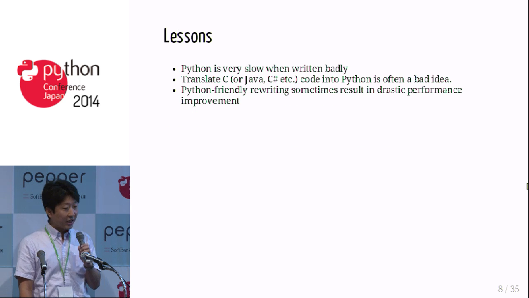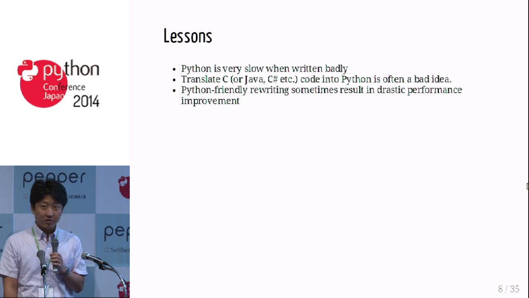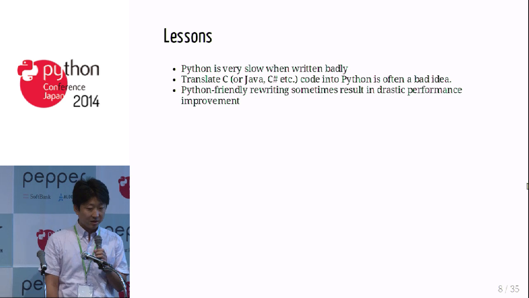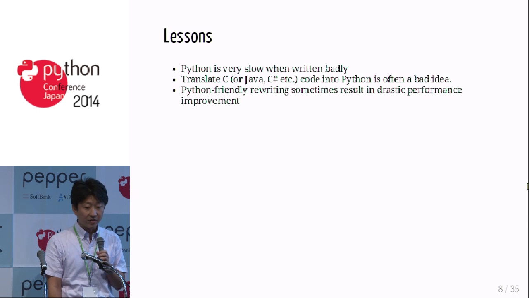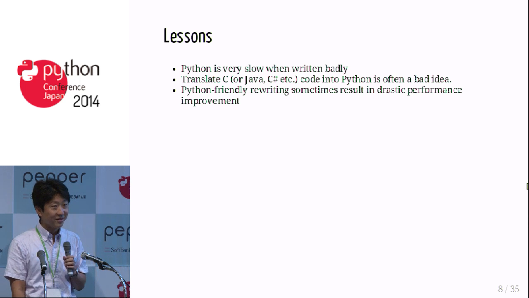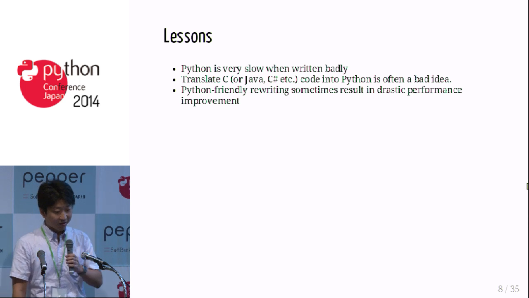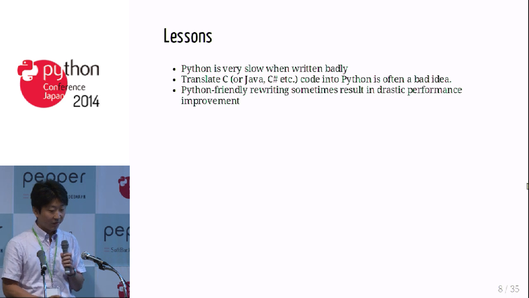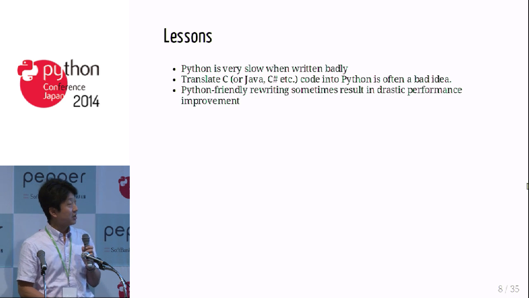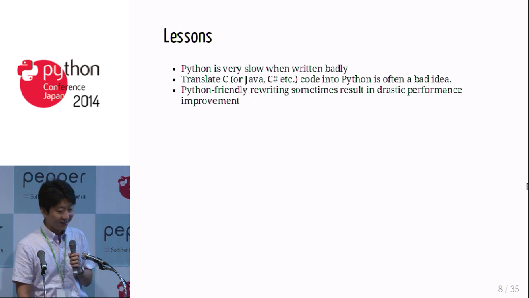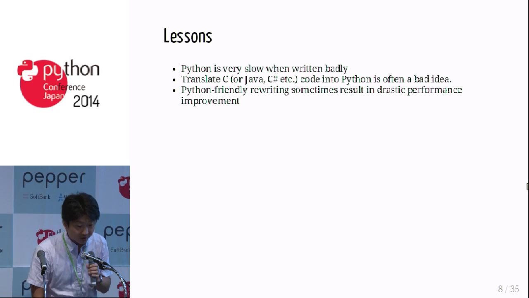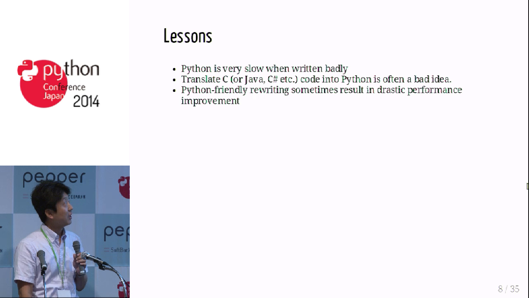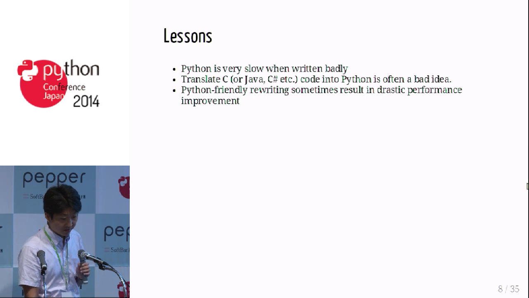So with this very, very simple example, we can learn some things. First, Python is very slow when written badly. So "when written badly" is very important. And another lesson is, translating C code into Python directly is often a bad idea.